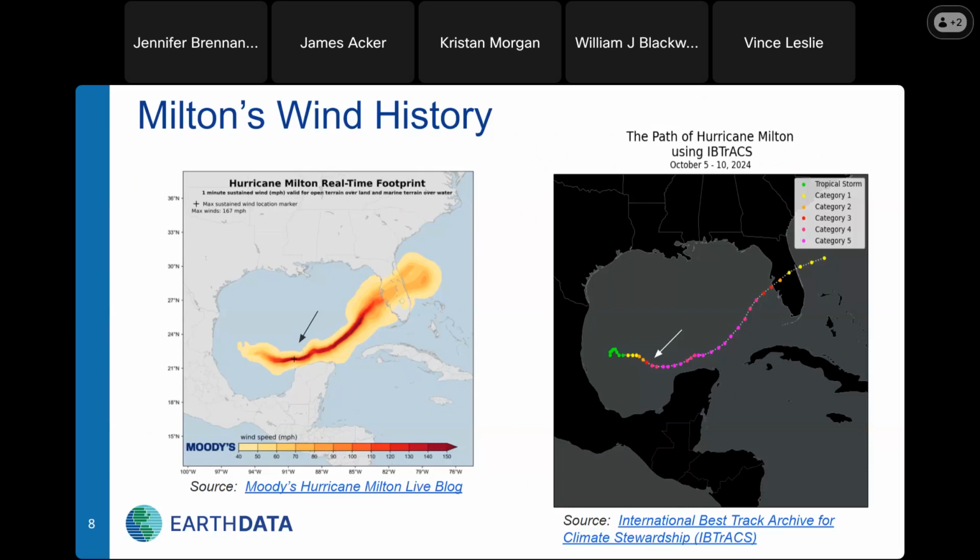Again, right next to the Yucatan Peninsula, which is significant. And you can also see on the right the intensity track. And this was from the IBTrACS dataset. You can see how quickly it intensified from yellow to orange to red to magenta as it intensified from tropical storm into a Category 5 hurricane.